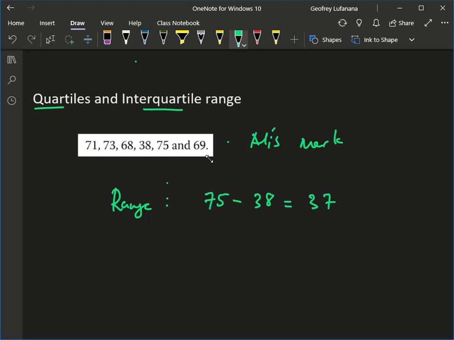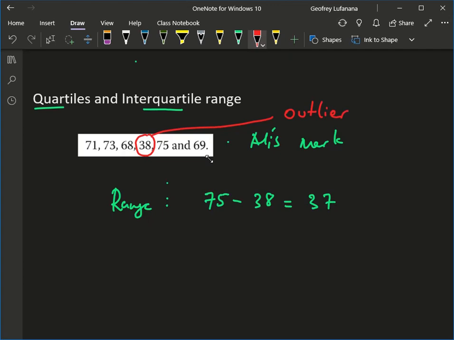Now, in this case, the range is greatly affected by one mark which is very low compared to the rest. Let's say on that day maybe Ali wasn't feeling fine, so he has a 38. The range wouldn't be the best measure of spread in this case because it's being affected by this data value, which is called an outlier.